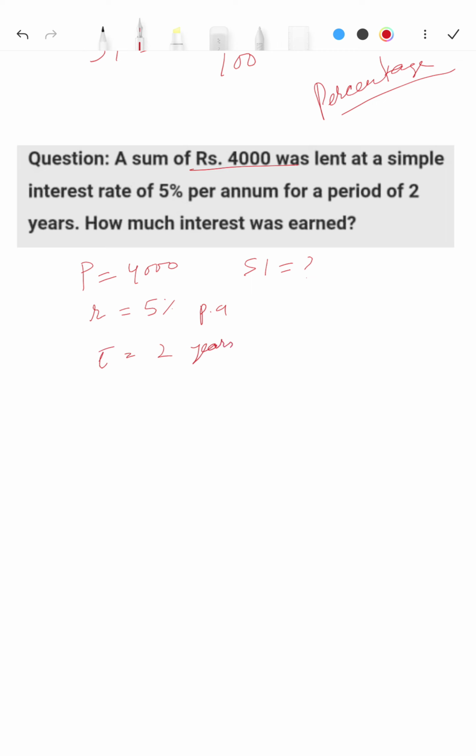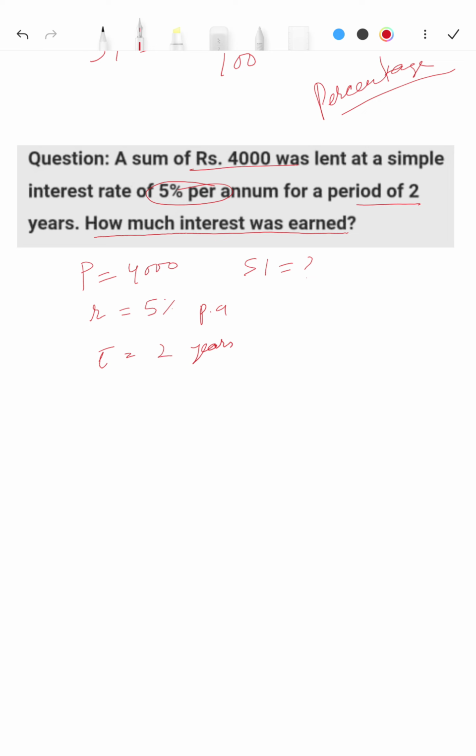Let me repeat the question once. A sum of rupees 4,000 was lent at a simple interest rate of 5% per annum for a period of 2 years. Now you'll have to find out how much interest was earned, only the interest amount.